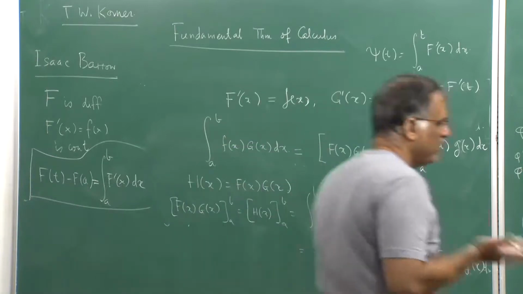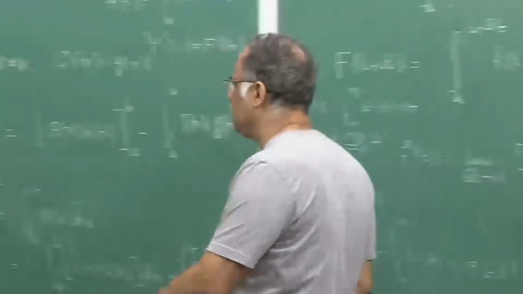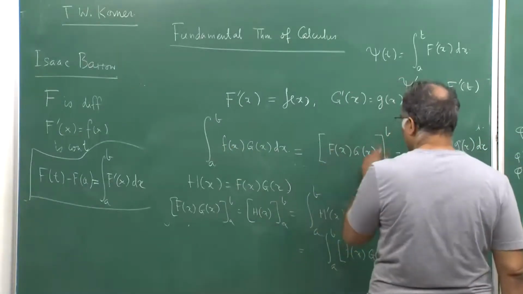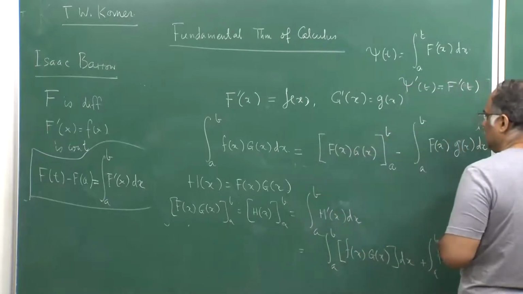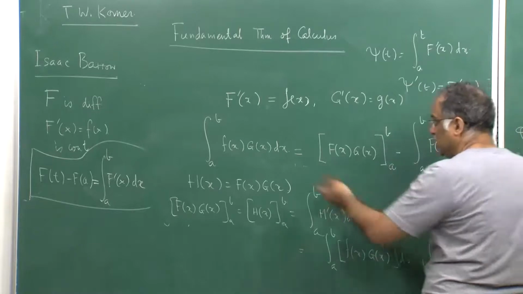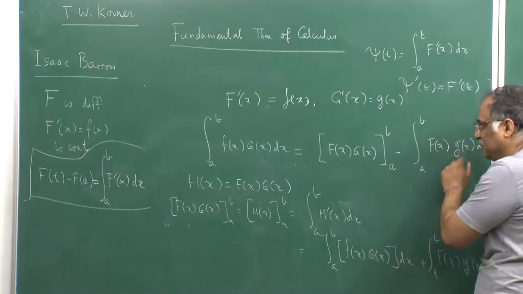When I was a student, I was taught: f(x) into g(x) means you see which function is integrable, keep one fixed, the first function, integrate the first function, and you do this minus the integral from a to b of the derivative of the second function into the integral of the first function.